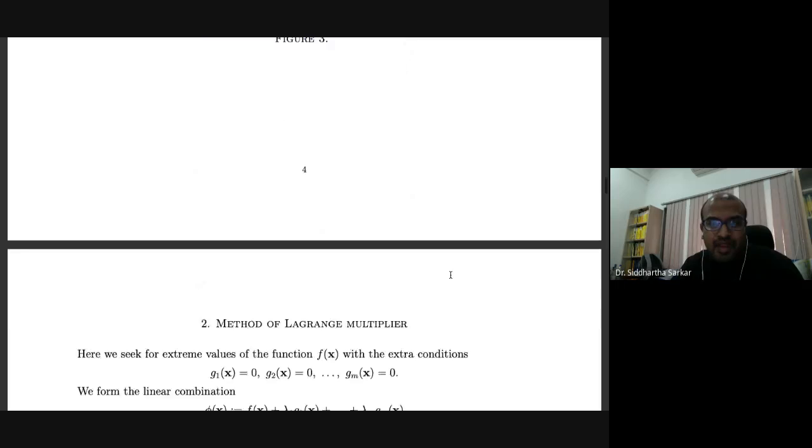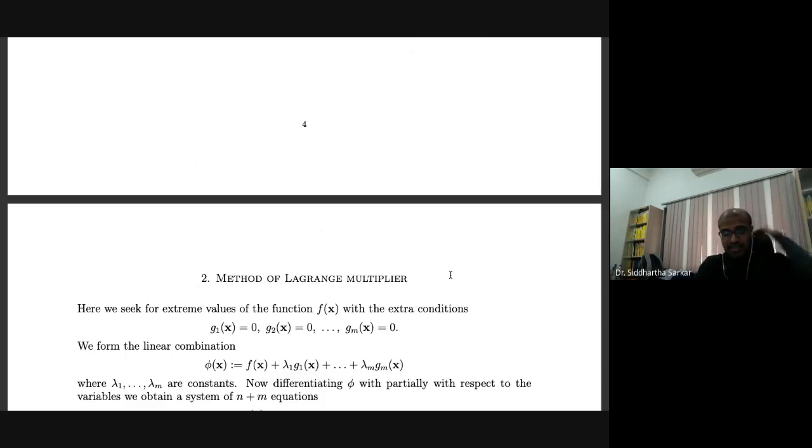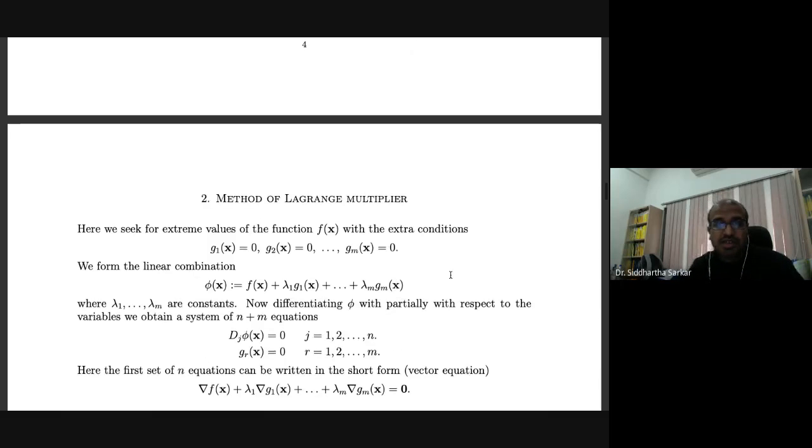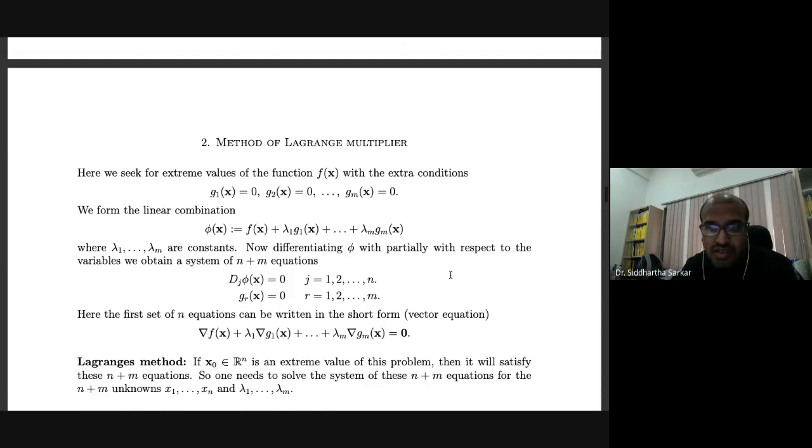Okay, so here is this method of Lagrange multipliers. Again, I'm not going to give you the reasons for why this is true. The method of Lagrange multipliers looks forward to the problem where you find the extreme values of a function f(x) in the multivariable case, given extra conditions.